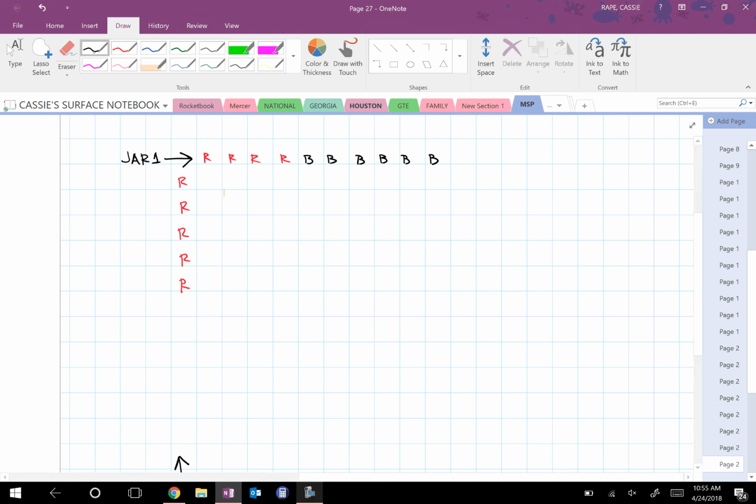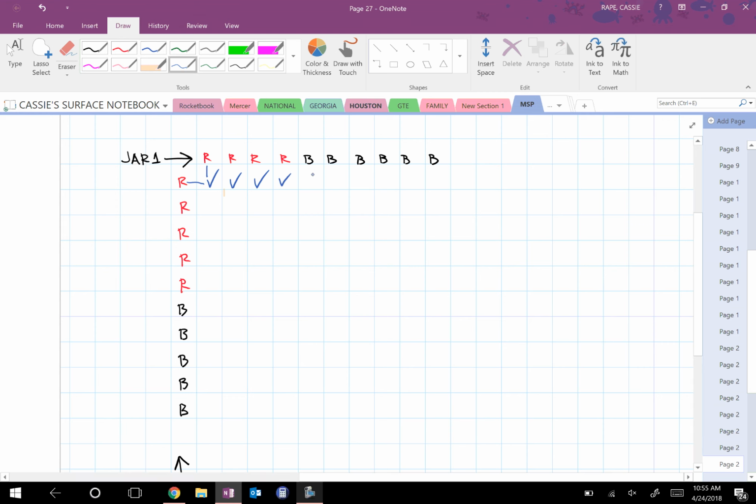1, 2, 3, 4, 5 blacks. Now if you look at this, just make a check mark if you have 2 of the same color. So right here and here, red and red, that's a check. Red and red, another check. Another check, another check. If you'll notice right here, black and black, or red and black, these are not the same. None of those are going to be the same.